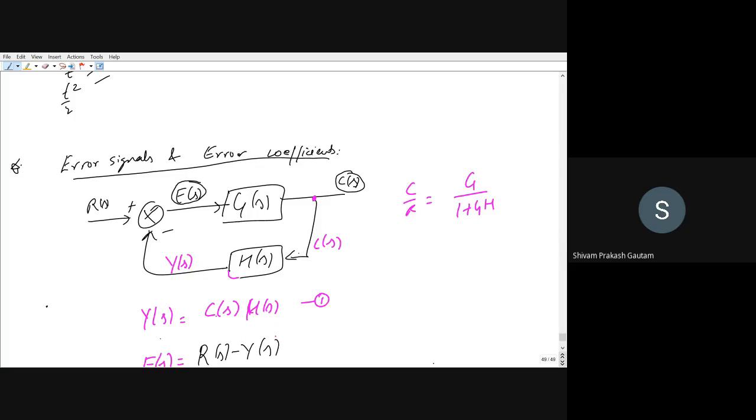This is feedback. Whereas in open loop, no amount of output is fed back, so we are not aware of what the output is. So when there is no loop, G of S will flow there, and when there is feedback, C of S will flow here. Is it okay?